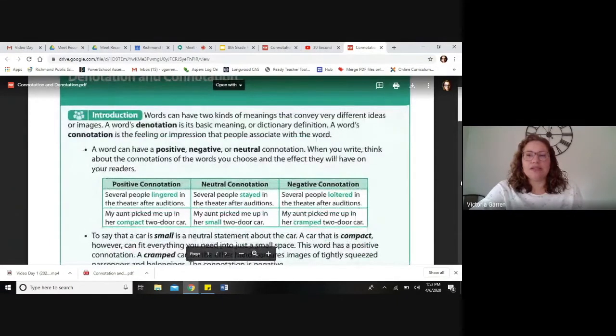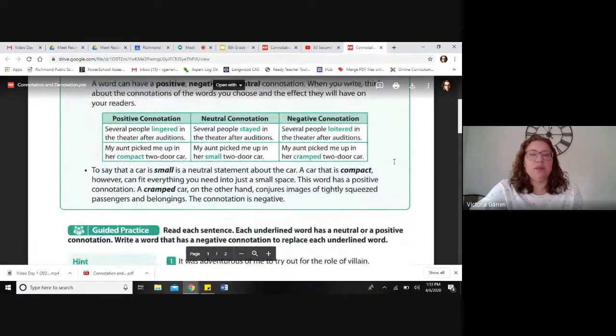When you write, think about the connotations of the words you choose and the effect they have or will have on your readers. So if you look at the example, now I'm going to choose the second example where it talks about a car.